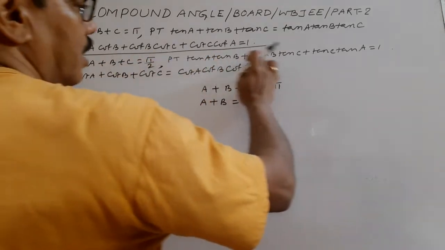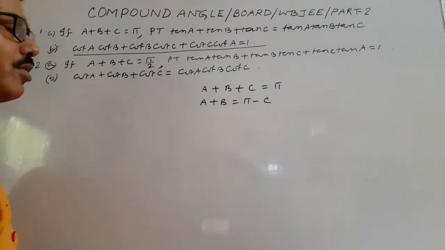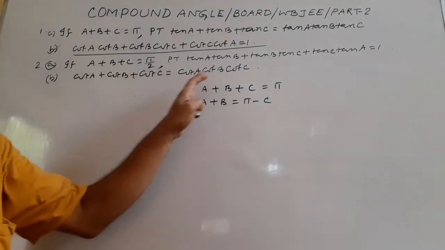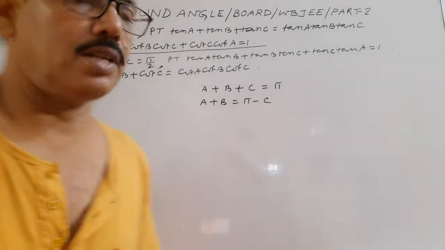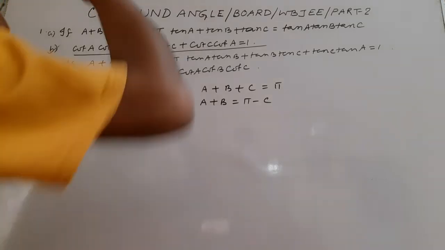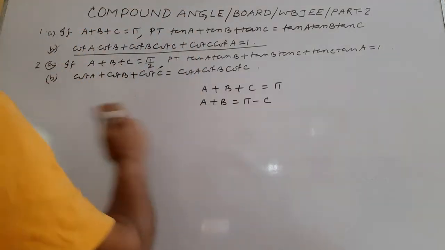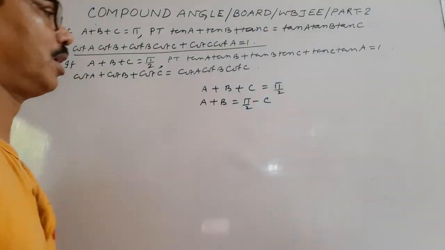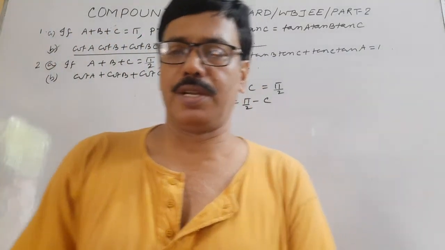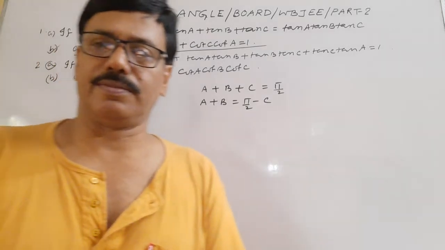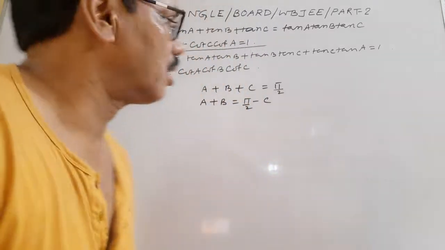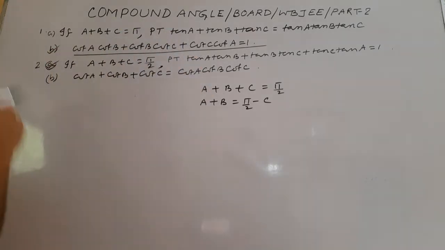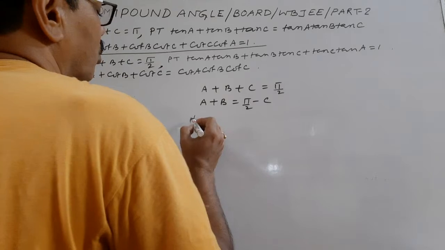Then prove that tan A tan B + tan B tan C + tan C tan A = 1, and cot A + cot B + cot C = cot A cot B cot C. So write the given condition. A + B + C = π/2. So A + B = π/2 − C. Then if we want to prove a result involving tan, you have to take tan on both sides.